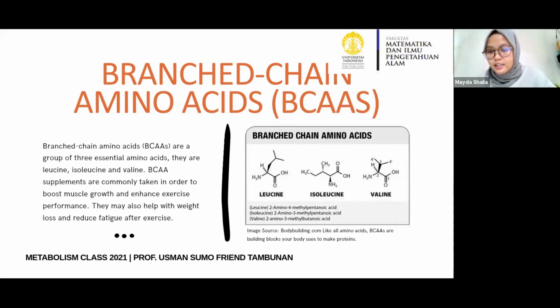And this is the structure of leucine, isoleucine, and valine. We know that leucine is a dietary amino acid with the capacity to directly stimulate myofibrillar muscle protein synthesis, and this effect of leucine results from its role as an activator of the mechanistic target of rapamycin, or mTOR.